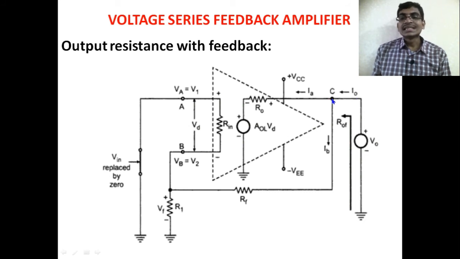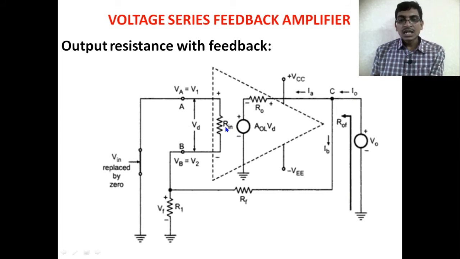At this node C, this output current I0 is divided into two parts. One is IA, another one is IB. IA current is going into the operational amplifier and IB current is flowing in the feedback section. VA is equal to V1 and VB is equal to V2, and the voltage across the resistance R1 is nothing but the feedback voltage VF, and RIN or RI is the input resistance of our operational amplifier without feedback.